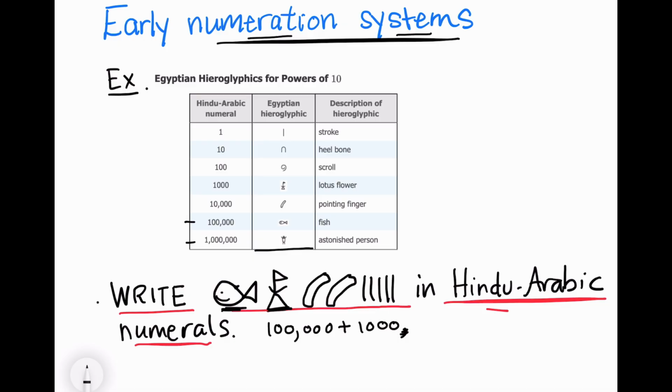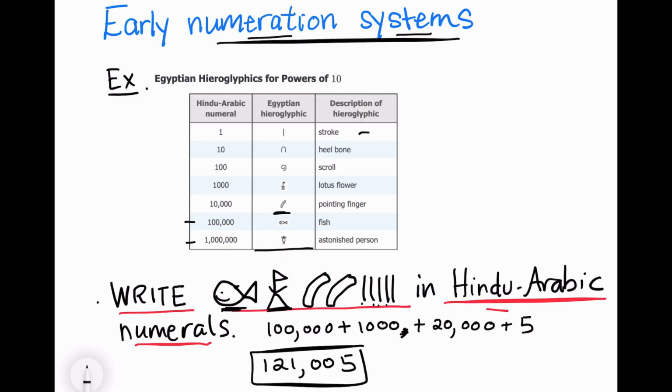The pointing finger represents 10,000, so we have 20,000 because there are 2 of them. And finally, I have 5 strokes, so that just represents 5. So this number is 121,005. So that's the Hindu-Arabic for the hieroglyphics.